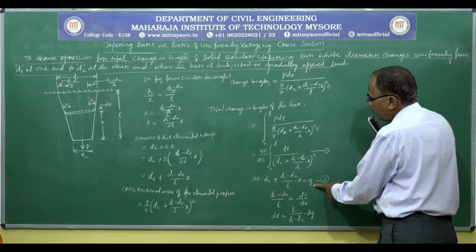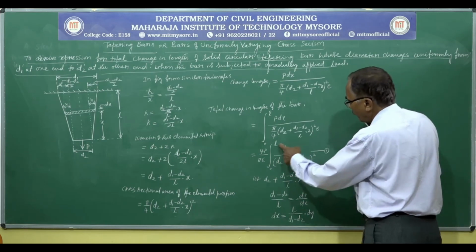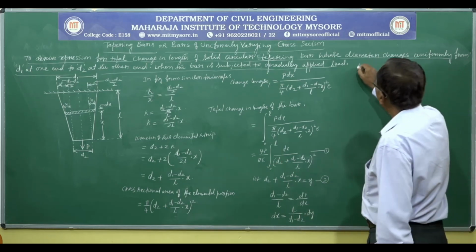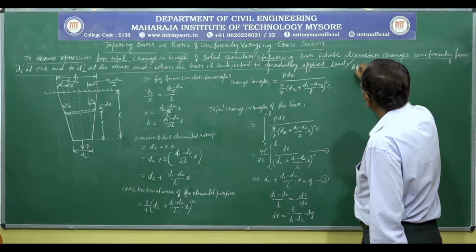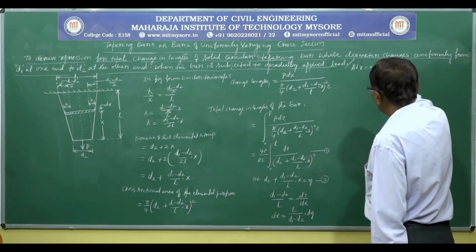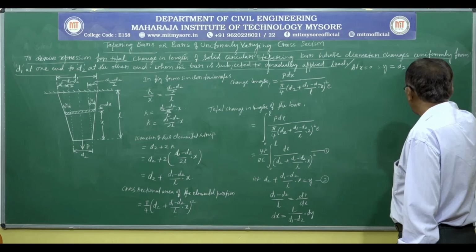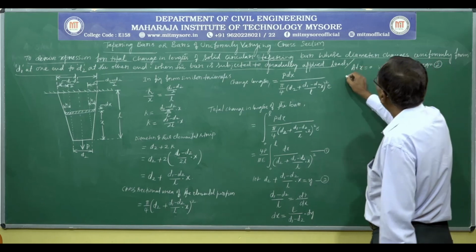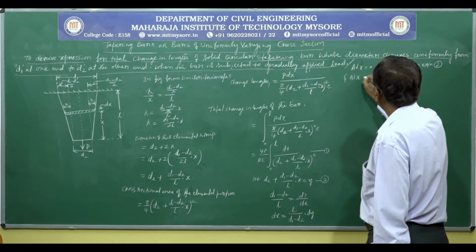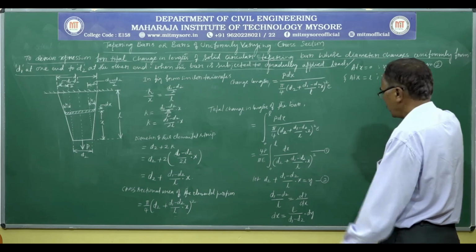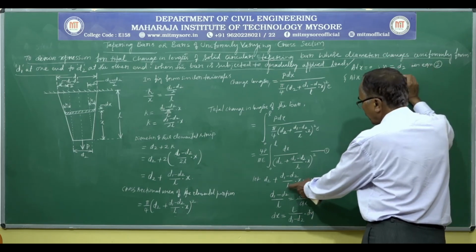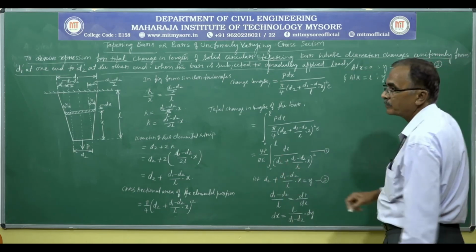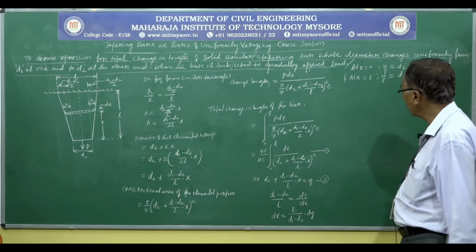And if you substitute x is equal to L, the L gets cancelled, d2 gets cancelled, and you will get y is equal to d1. So, this is the range of integration.